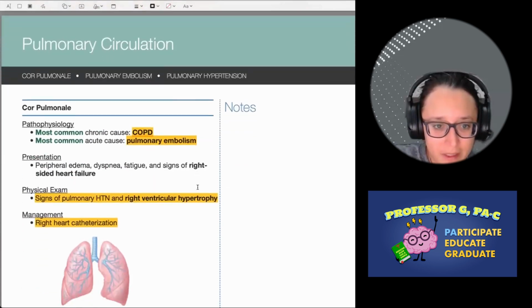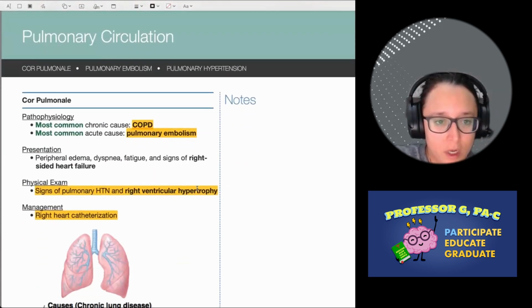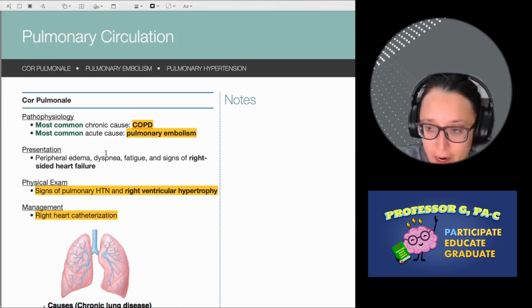All right, now we're getting to some of the stuff we covered yesterday. I want you to just approach it from a very bird's eye view. You don't need to get super crazy into the weeds with this. It's very straightforward. So cor pulmonale is essentially pulmonary hypertension plus right heart failure caused by a lung problem.